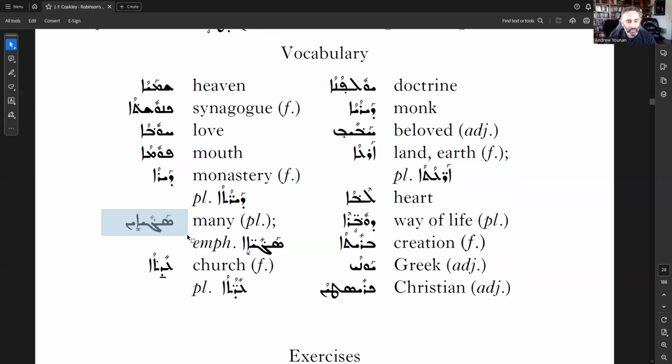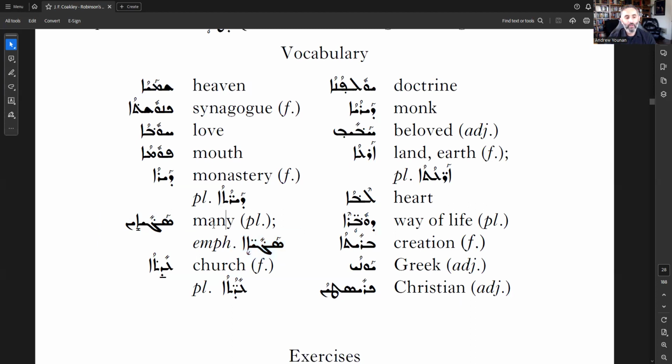Segi'in is many. So you'll see Segi'a, Segi'e in the emphatic state. And then you'll see Segi'in, many in the absolute state. So you'll see all of those as possibilities. Segi'e means many. If you're using this as an adjective to describe, there are the many houses, Beite Segi'e.